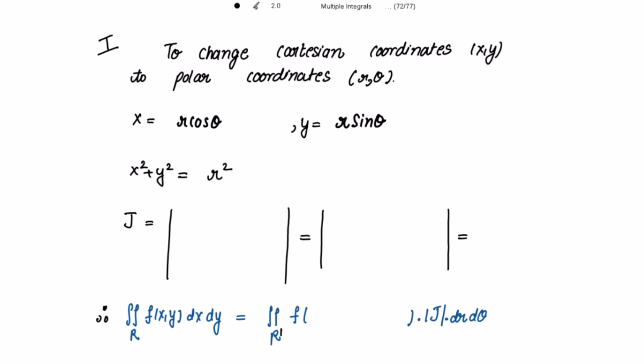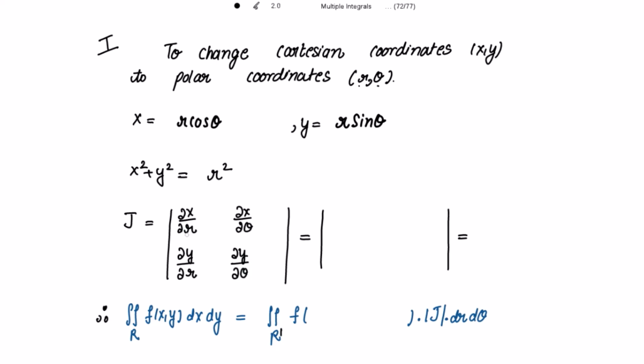So the determinant of, first I am having the variable x, so curly x over curly r, right? Then curly x over curly theta. Similarly writing for y, curly y over curly r and curly y over curly theta.